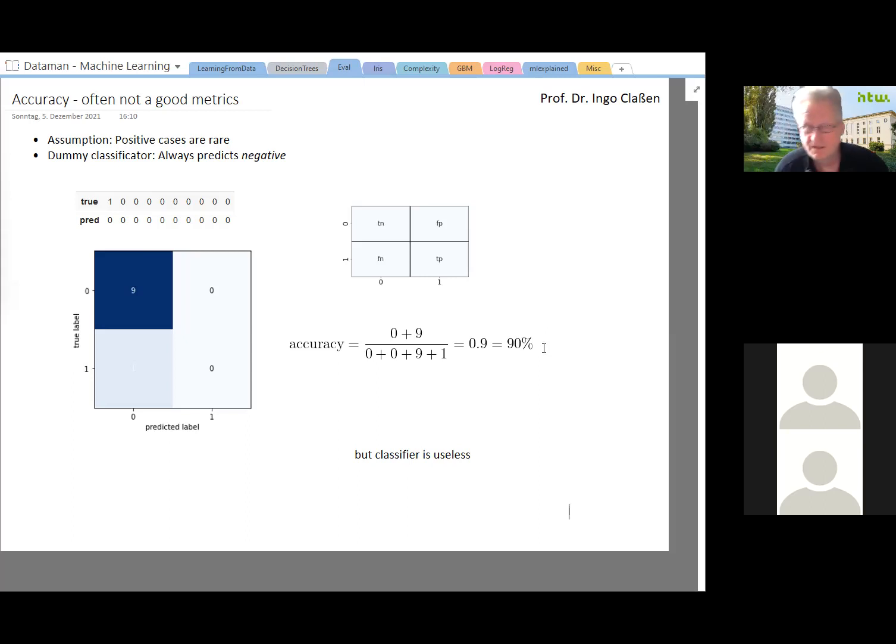Do you see the point? What do you think is the reason that we have a useless classifier that nevertheless has a very good accuracy?